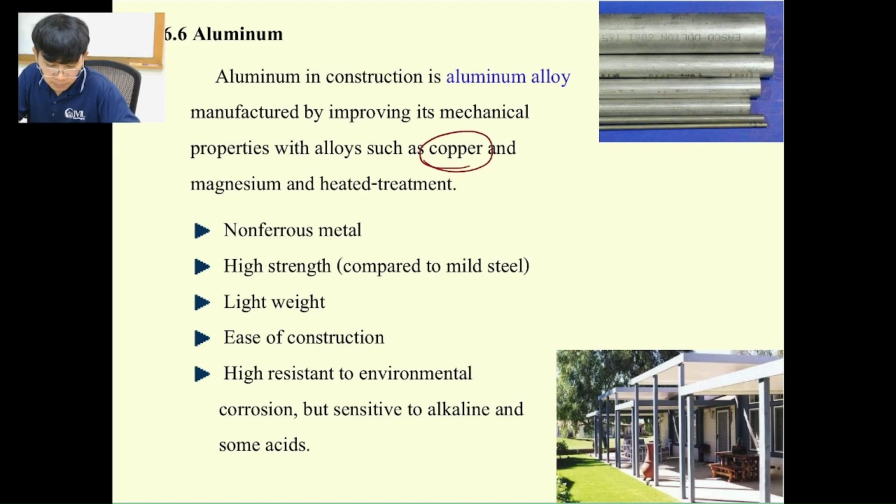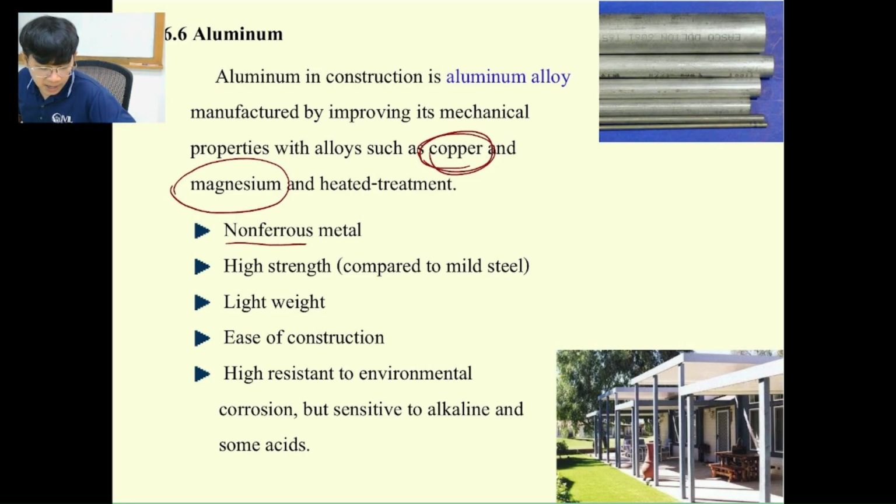For the next material, it's going to be aluminum. Properties: two main alloying elements, such as copper and magnesium, which we heat and combine together. When these two combine, we call this material a non-ferrous material. Non-ferrous basically means there's no iron inside the aluminum, which means it's really good at corrosion resistance.